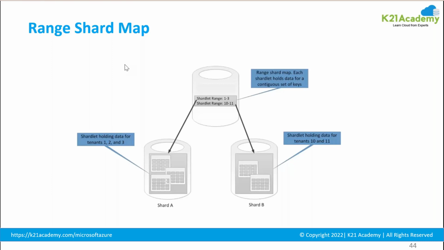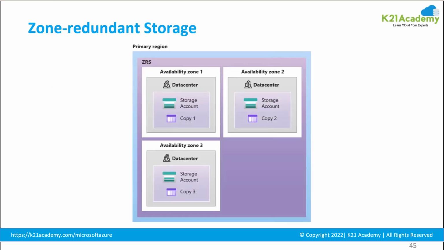These can be for customer profiles, I would say. So whatever the different customer profiles are, bronze, gold, silver, you could manage the same customer profiles in a single shard, so to say. That is range shard mapping.